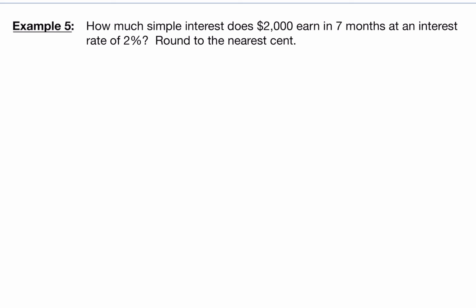So we want to know how much interest is earned with $2,000 in deposit or starting amount after 7 months at a rate of 2%. We are to round to the nearest cent. Whenever we need to round to the nearest cent, that means we have to round to 2 decimal places after the decimal. So let's go ahead and start with our formula again for simple interest, I = PRT.